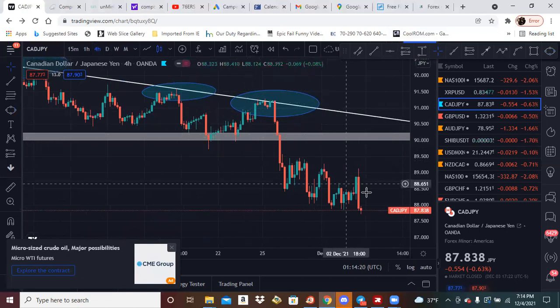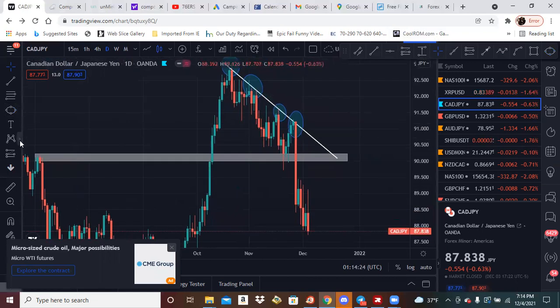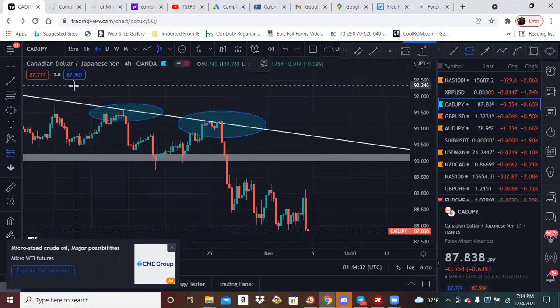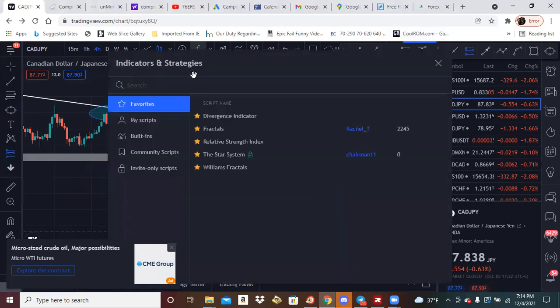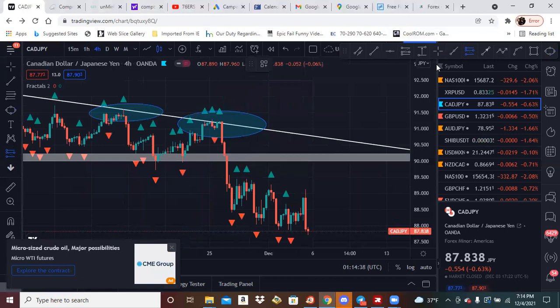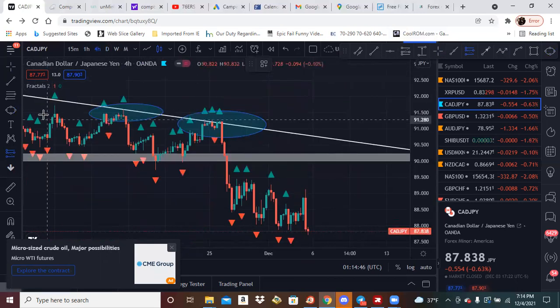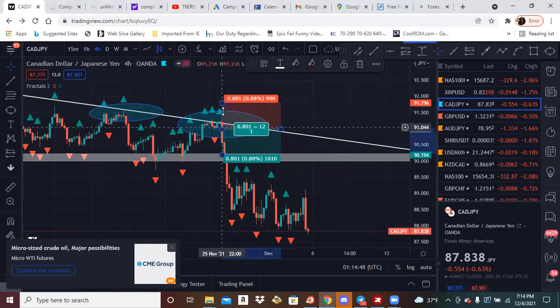Let's go back to the daily, because you already see it on the H4. I just want to show you an example, because this trade was taken by the team. So once the lower low was formed, one of the things I use is this. Once I saw 3 fractals on the H4, which made that fractal on the daily, because I'm going to go over the fractals, this is where you get in.